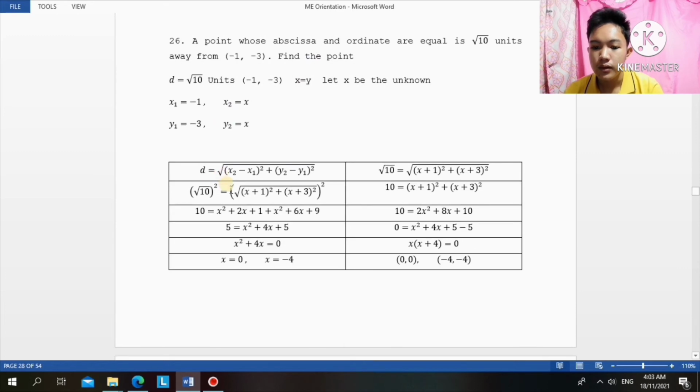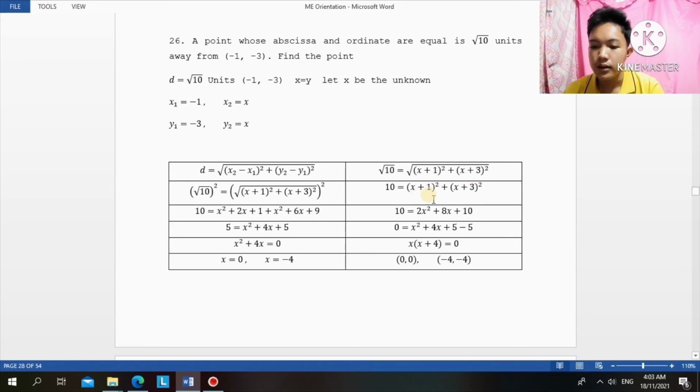So substitute the values, our equation will be the square root of 10 is equal to the square root of (x plus 1) squared plus (x plus 3) squared. First let's raise both sides to 2 to cancel out the radical sign, or the square root. So our equation will be 10 is equal to (x plus 1) squared plus (x plus 3) squared.